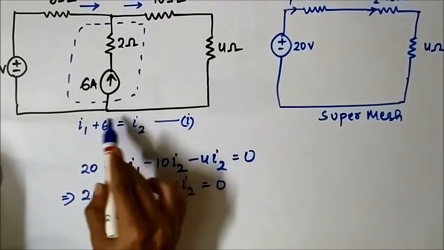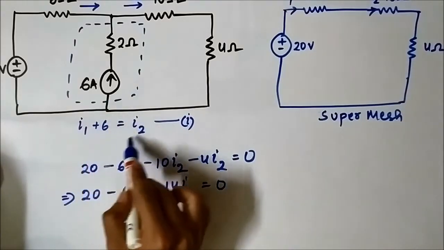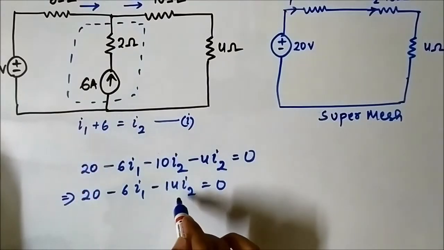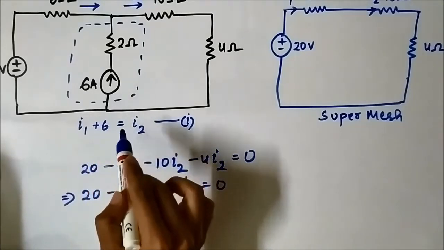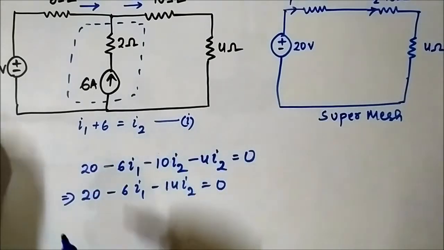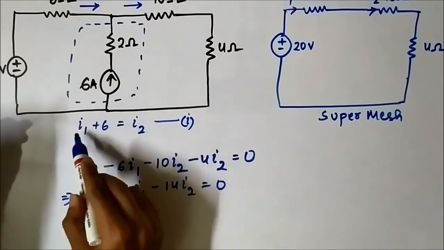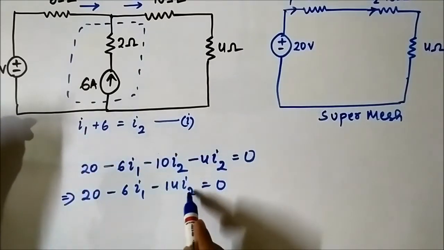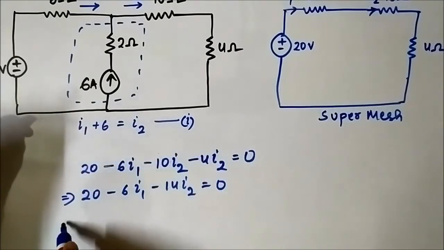Now we can use the auxiliary equation in this equation. That's why it is very important to identify this relationship. We can replace I2 with I1 plus 6.